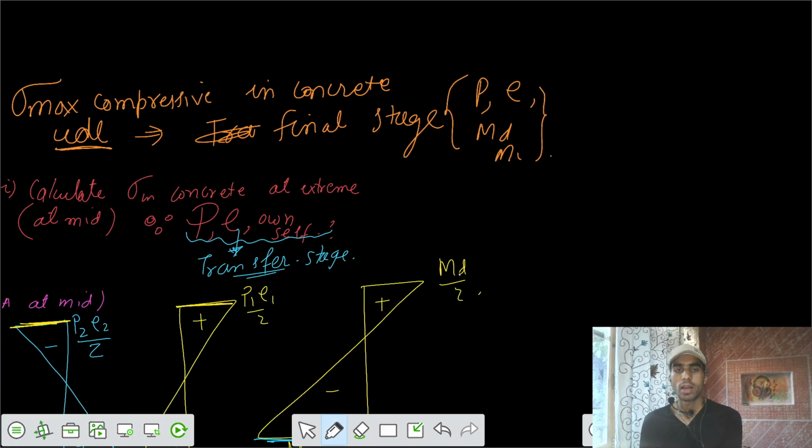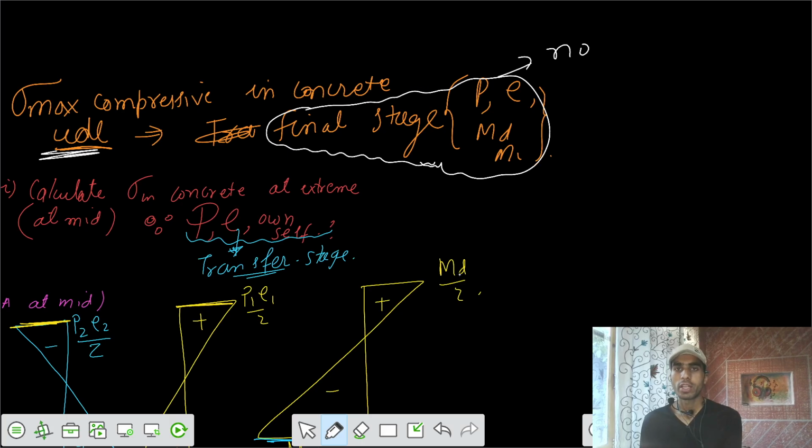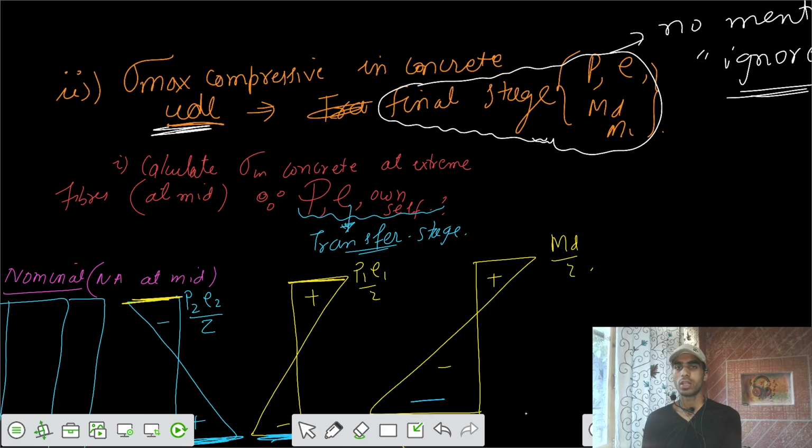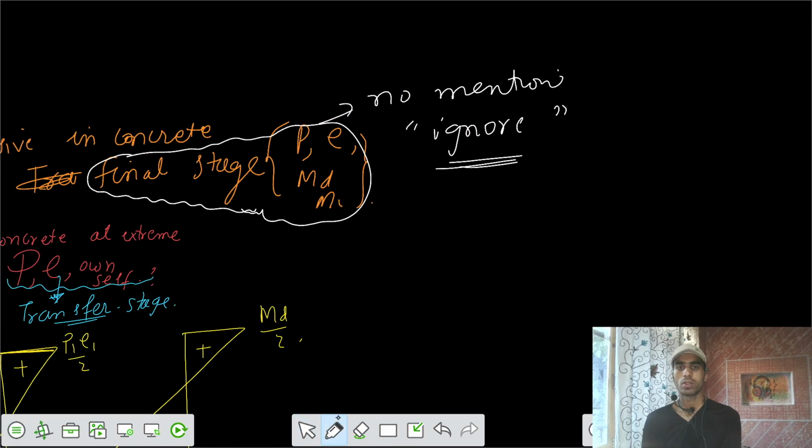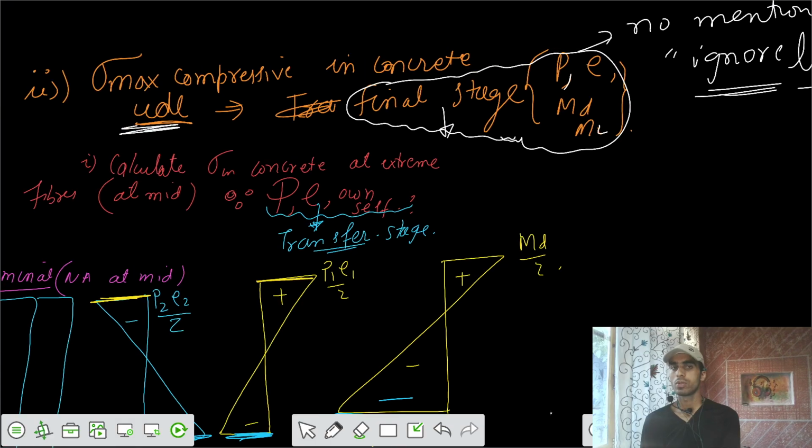If it is talking about the effect of UDL and there is no mention of losses, we can ignore the losses and directly solve based on the initial P force. We can still calculate the effect of P, E, M dead, M live. That is similar to a final stage, but without taking the losses into account.